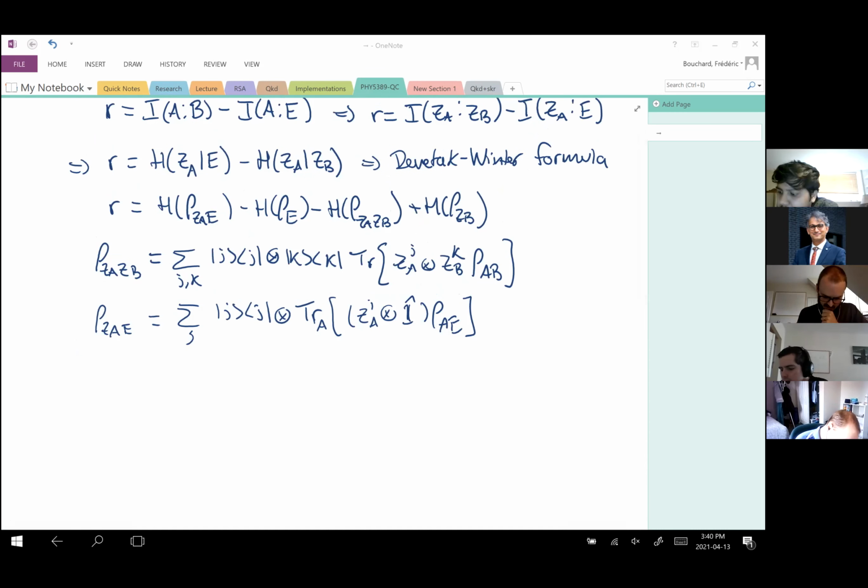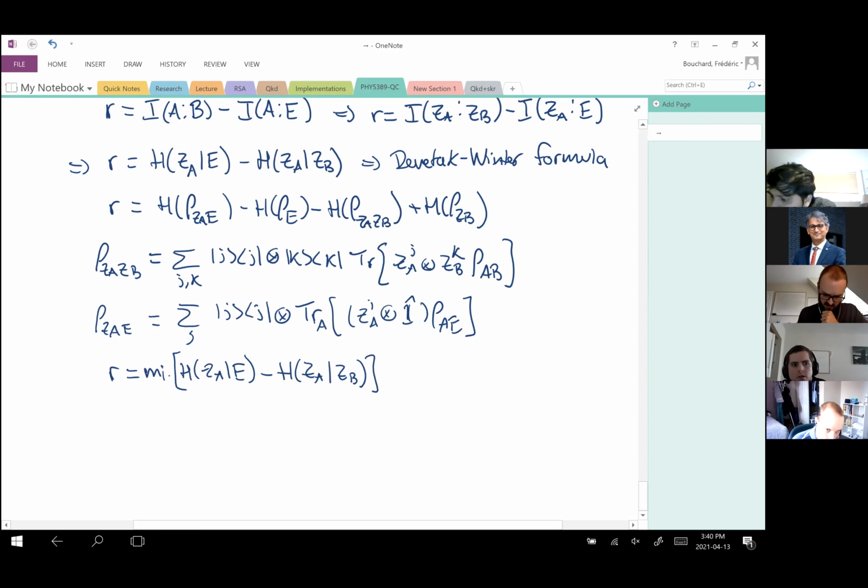And then the last step is to say, we have this, that's the formula we had earlier, but we want to minimize whatever we get. We want to get the minimal value by looking through all the different rho ABs.